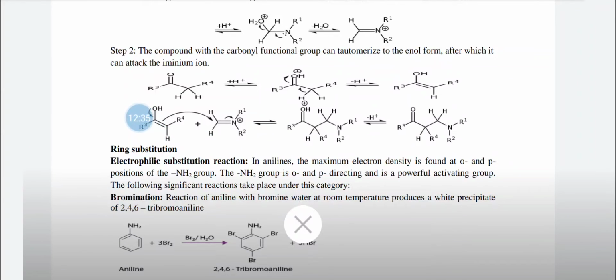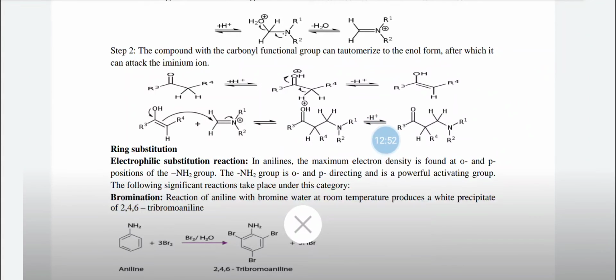Here the electrons present in the oxygen atom will be shifted to this bond, the double bond will be shifted to the carbon atom, and again the double bond will be shifted to the nitrogen atom and the corresponding product will be formed, OH plus and R3, N, R1, R2.